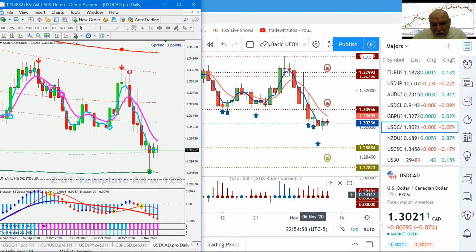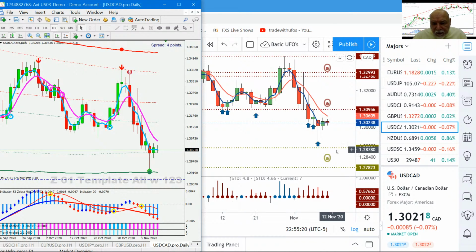It's probably going to pull back up a little bit. If it pulls back up, here is the top of another zone coming down. But I will set this up for the trade.